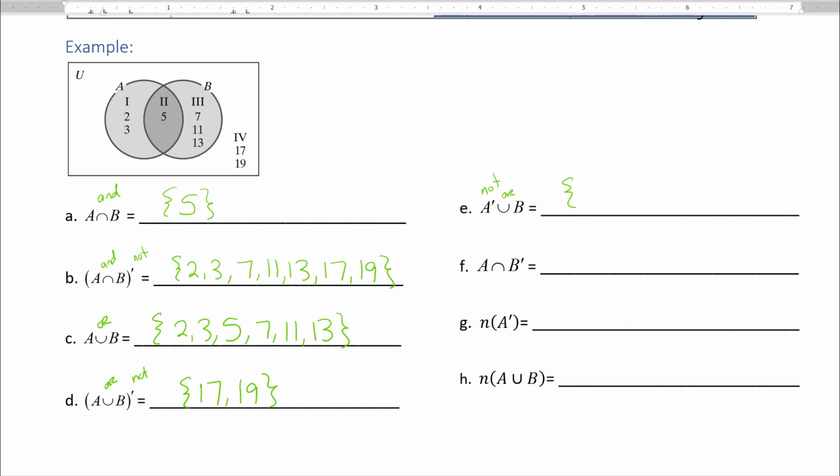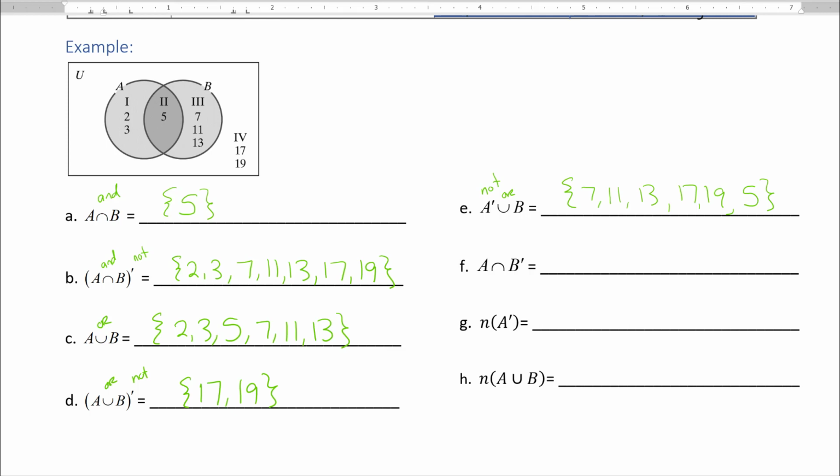The list of things that are not in A are 7, 11, 13, 17, and 19. But it can also be in B. Well, B, I've already listed most of it, 7, 11, and 13. But I also can include 5. Now I know 5 doesn't belong in A prime, but 5 does belong in B, so because I get to include anything in B, it also gets to be in there as well.